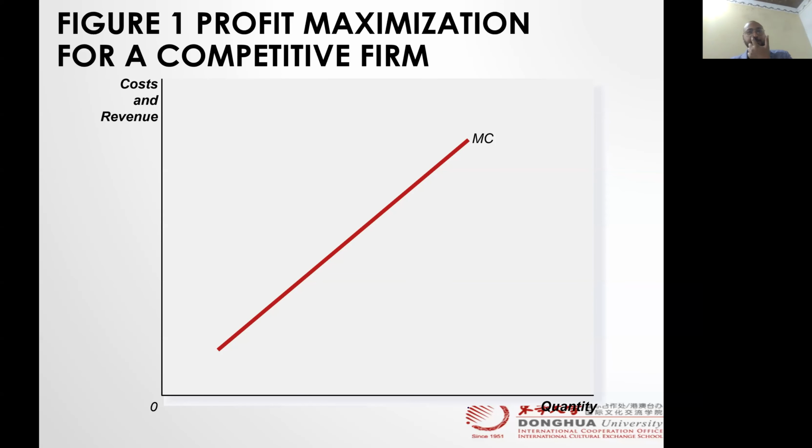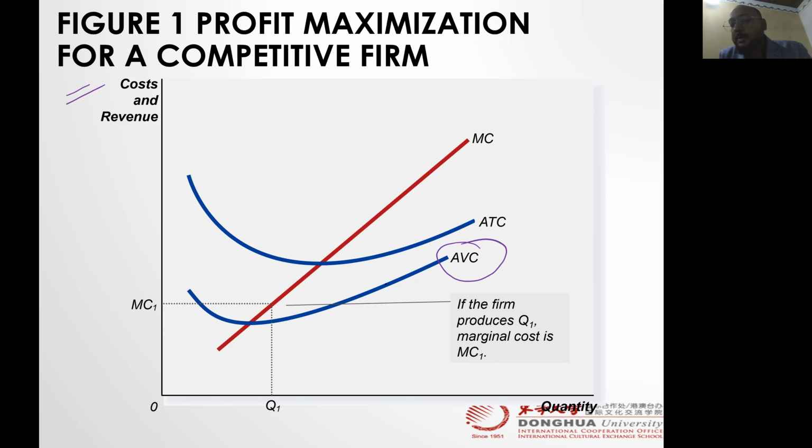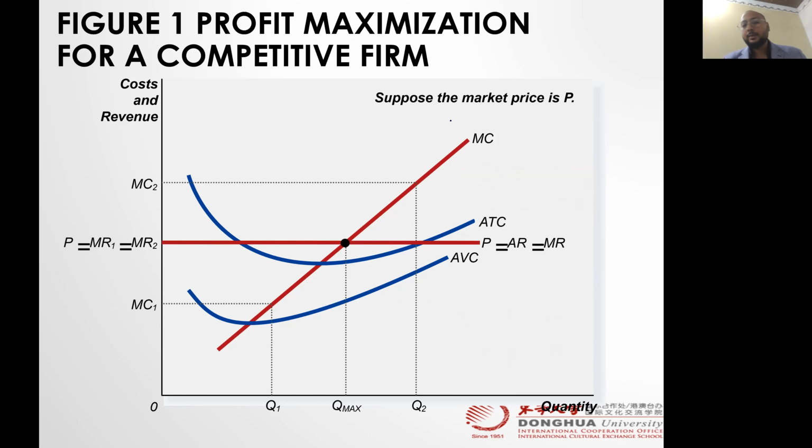Now let's look at this profit maximization diagram. I didn't draw the average variable cost, because we don't have to consider it. Only average total cost and MC, just for you. So where do we have to produce? MC is equal to MR. If you produce here, your profit would be maximum.